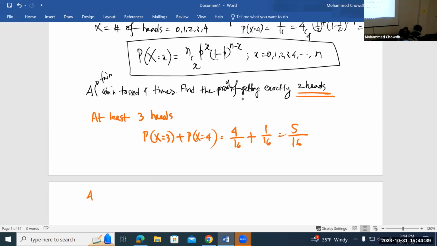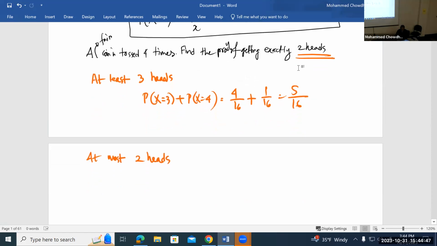At most 2 heads. At most 2 heads means what? Someone else can volunteer. At most 2 heads means what? How many heads? At most. So that means 0 head, 1 head, 2 heads, right? At most 2 heads, so that means a maximum of 2.